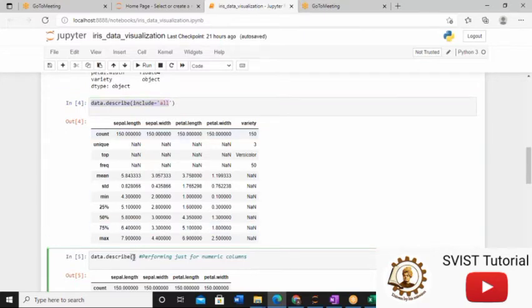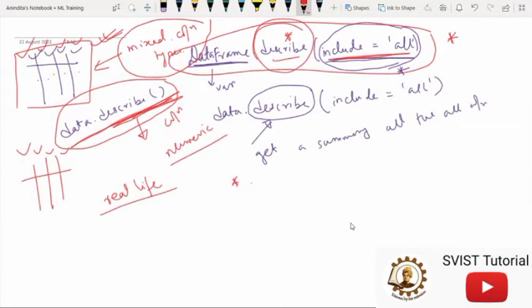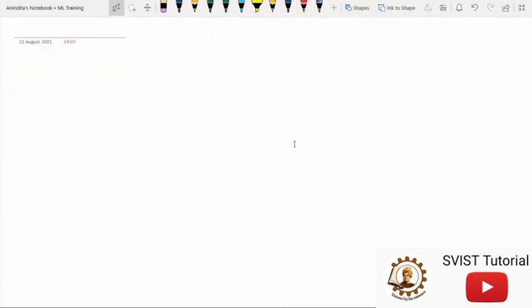So here the describe function is written with no argument. Here the question is why. Why didn't I mention any argument over here? Is it intentional or did I do this by mistake? So now we have to understand the describe function in more detail.